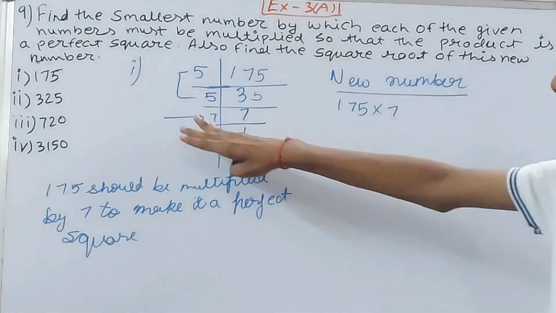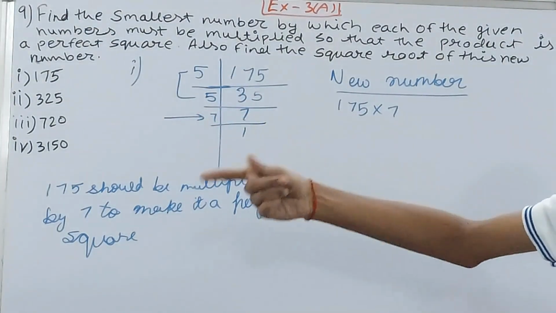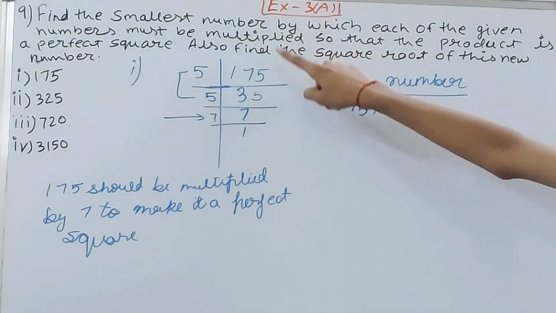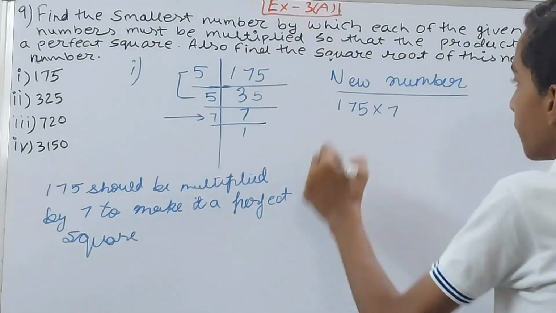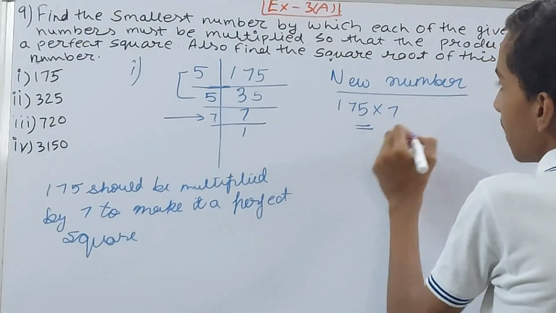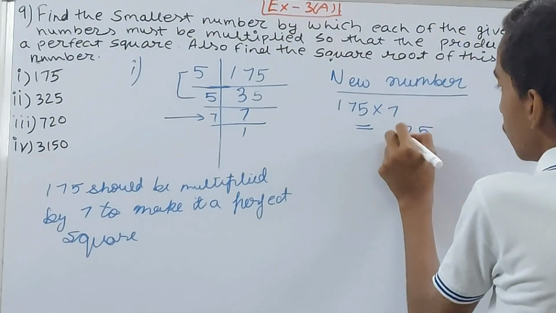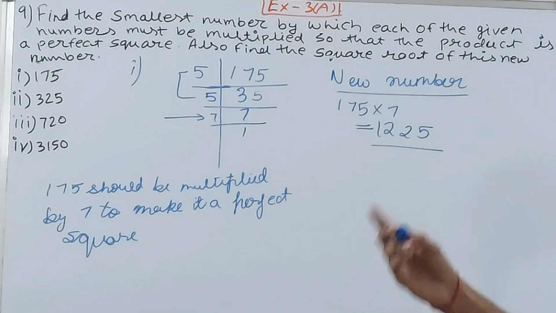Because here 7 was left out, the number by which it should be multiplied will also be 7. In the question it is asked to also find the square root of this new number. So 175 into 7 is 1225, this is the new number.